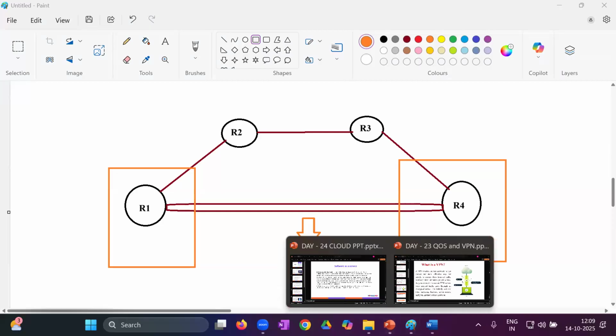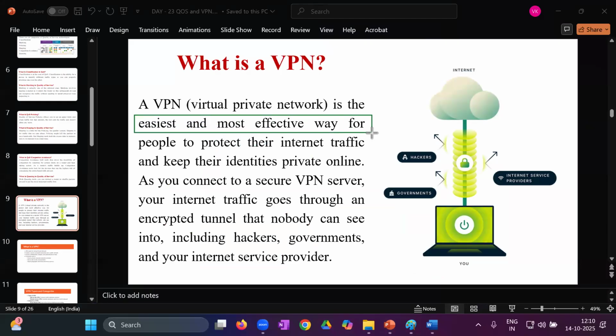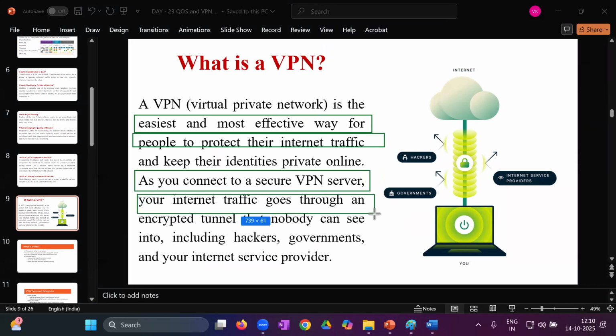Now see what a VPN is. It says that a virtual private network is the easiest and most effective way for people to protect their internet traffic and keep their identities private online. As you connect to a secure VPN server, your internet traffic goes through an encrypted tunnel that nobody can see.